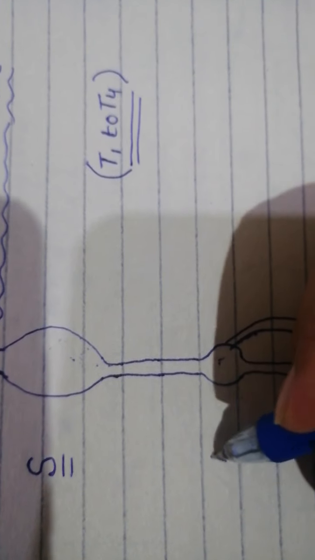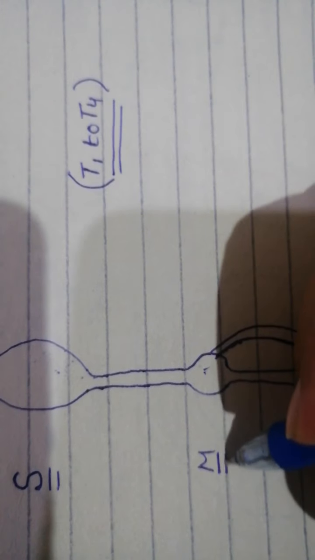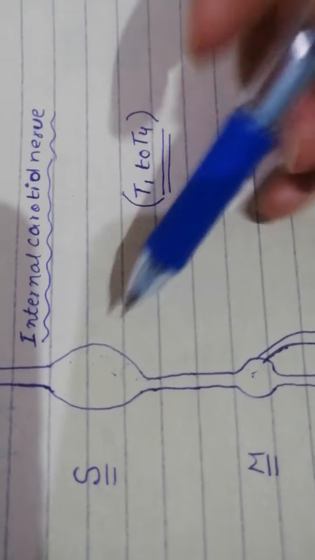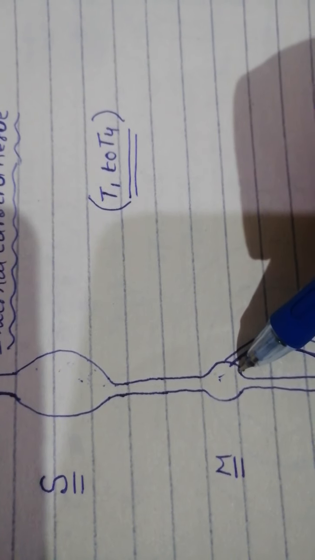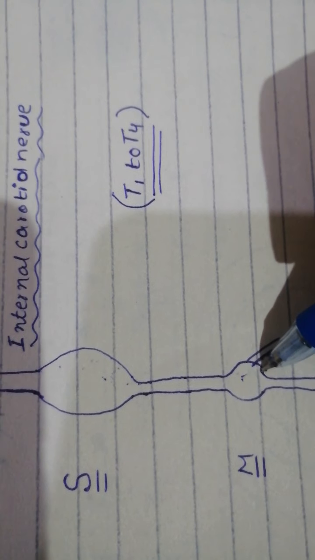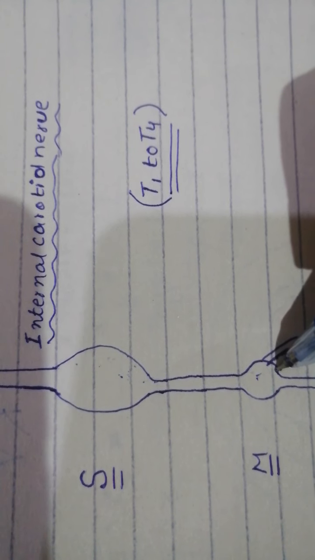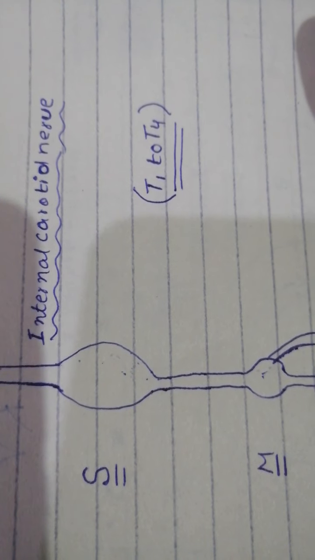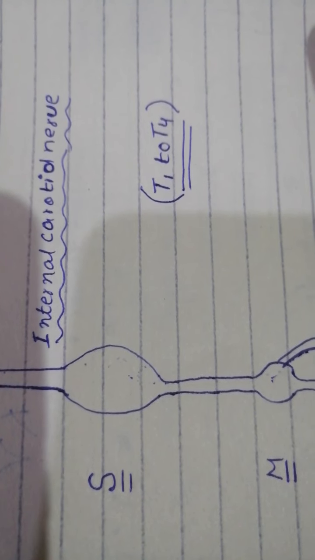This one is the middle. And this one over here is the inferior. Now all of these do not receive any white rami communicants from the cervical area, or we can say none of the cervical spinal nerves contribute white rami communicants to the cervical sympathetic chain, but all three ganglia do contribute gray rami communicants to the cervical spinal nerves.